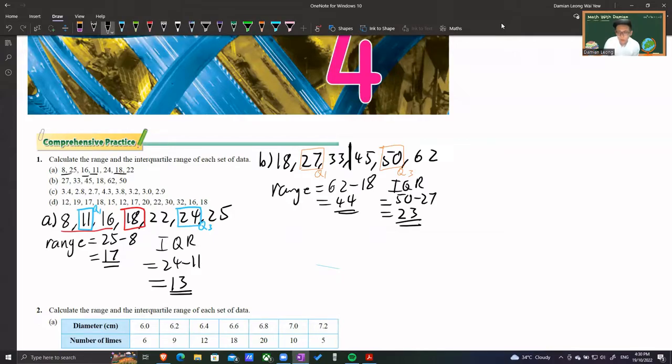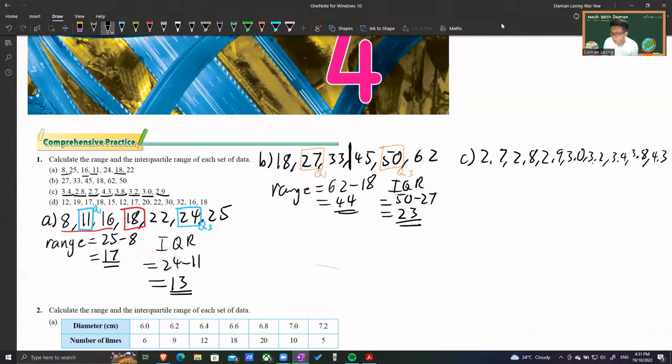So lowest is 2.7, then 2.8, 2.9, 3.0, 3.2, 3.4, 3.8, 4.3.